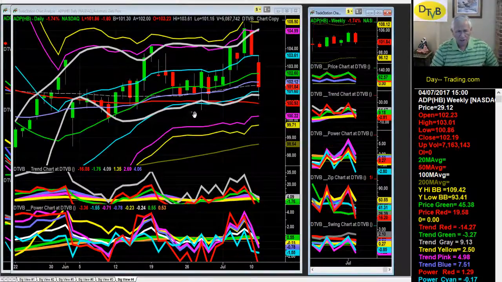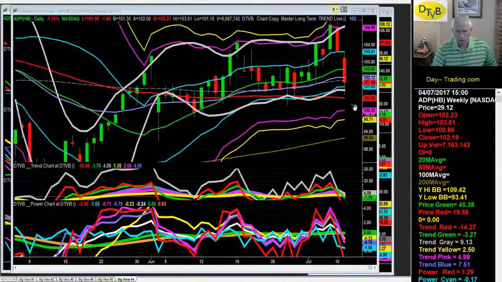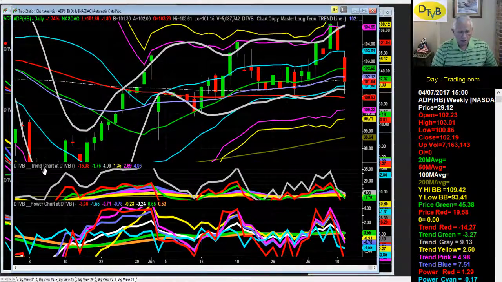Now I'm going to move this one back, and I'm going to show you what the candle chart breakdown is. This screen has the candle charts plus the trend chart and the power chart. The green line that you see going through here is the 20 moving average.